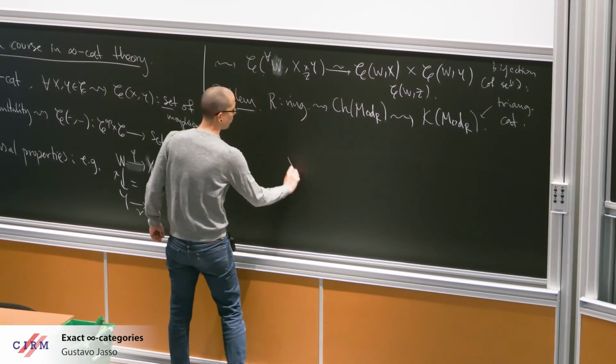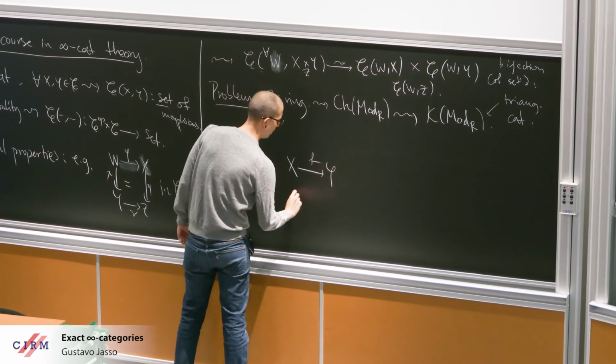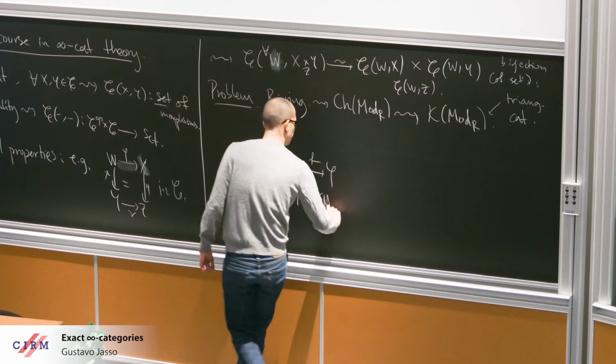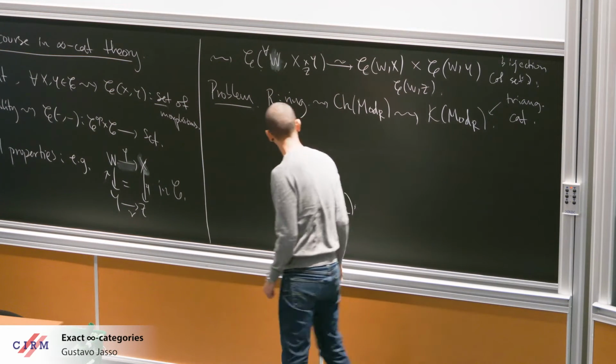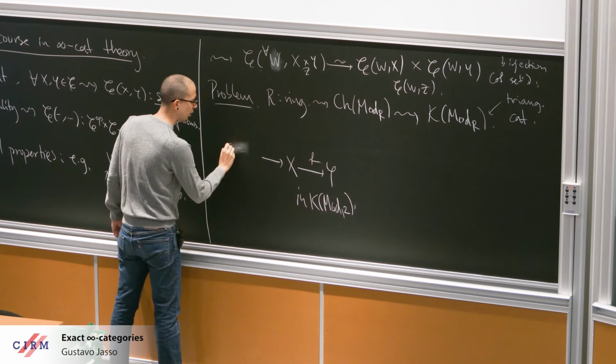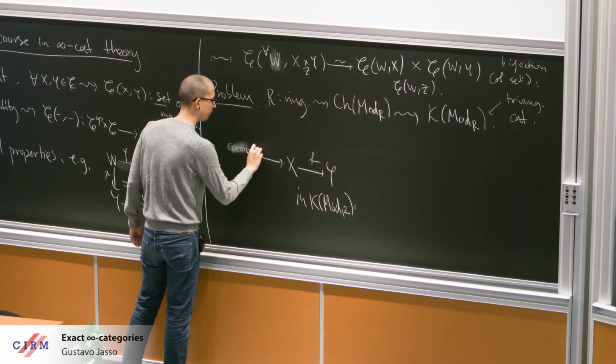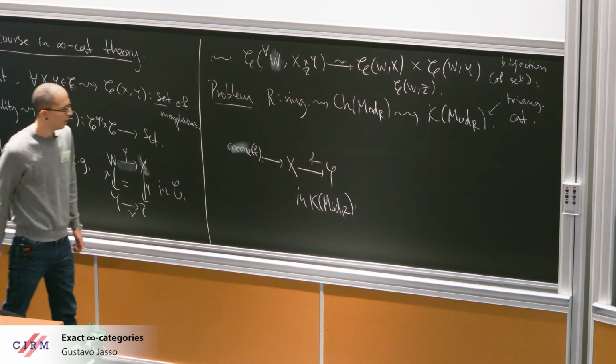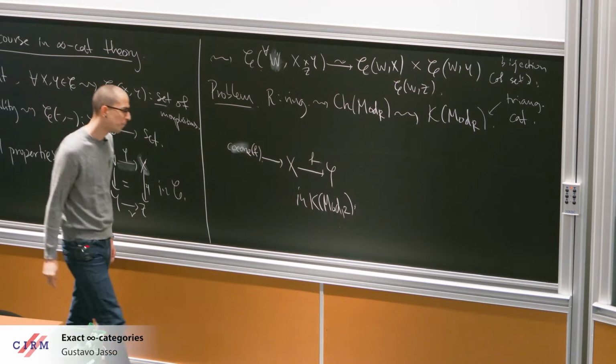Now in this context, if I have a map F in the homotopy category of modules, then I can form its cocone, part of a distinguished triangle. And it has almost a universal property.